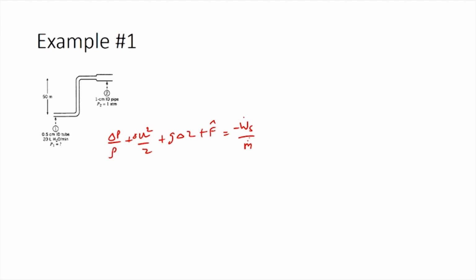In this system, we have been told that there is no friction, which means the friction factor can be equated to 0, and we also know that there is no shaft work because there are no moving parts in the system, which means Ws also goes to 0. So, for this system we can use the Bernoulli's equation for performing mechanical energy balances. The Bernoulli's equation is delta P divided by rho plus delta U squared by 2 plus G delta Z equals 0.